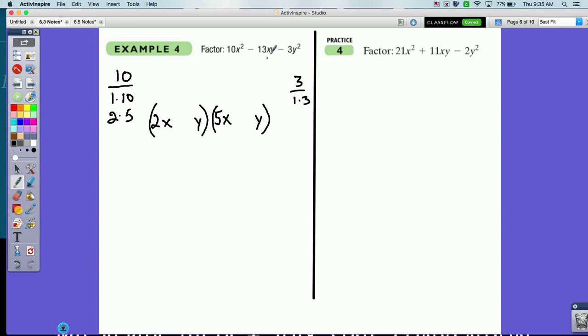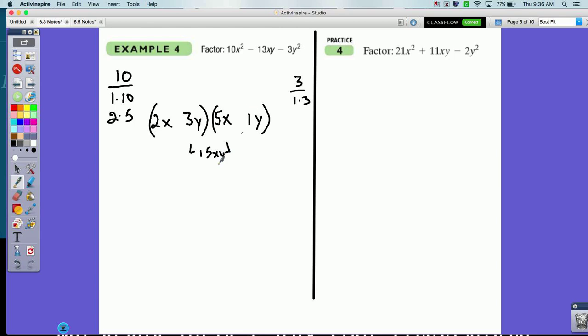I'm trying to get a negative 13. So if I'm looking here, I got 3 and 2, which is 6. That would make the 1 and 5, 5. 6 and 5 don't give me 13. But if I put the 3 here, that'll give me a 15xy.